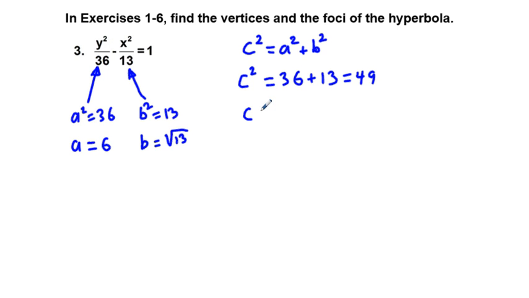Therefore, c is going to be the square root of 49, which is 7. You can put it as plus or minus 7, but in any case it is 7 units from the origin.